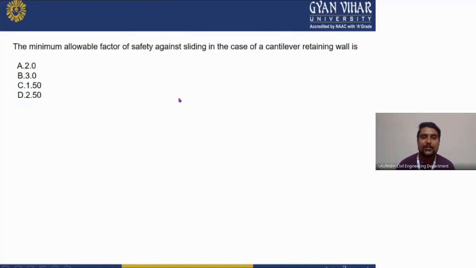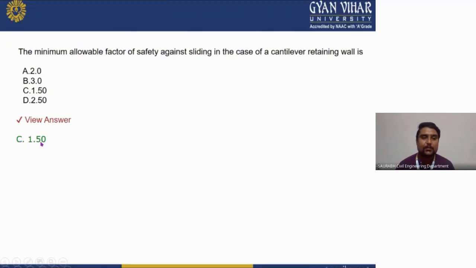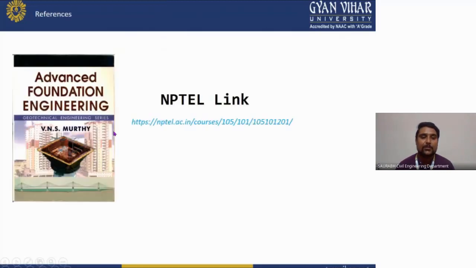What is the minimum allowable factor of safety against sliding in the case of a cantilever retaining wall? The options given are 2.0, 3.0, 1.50, and 2.50. The right answer here will be 1.50. The minimum allowable factor of safety against sliding in the case of a cantilever retaining wall is 1.50.